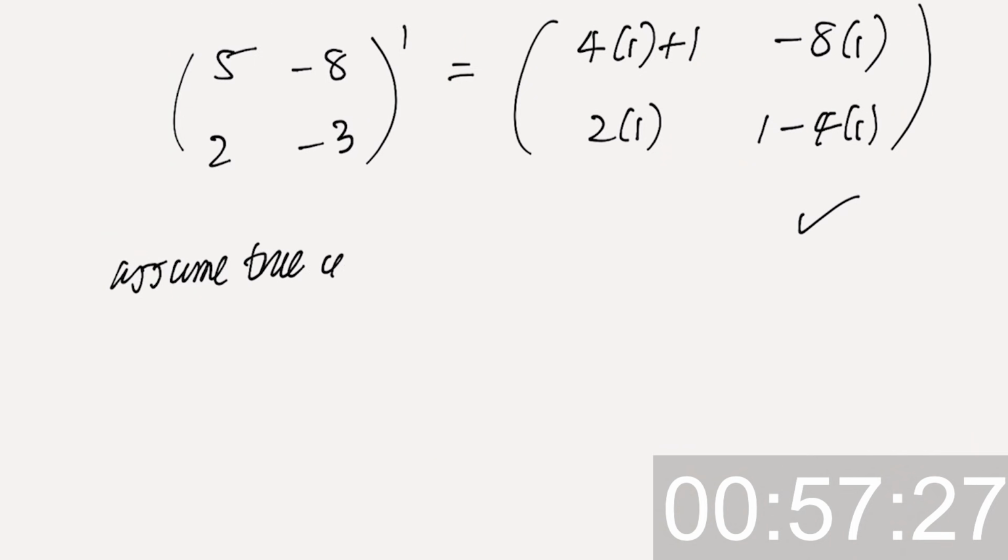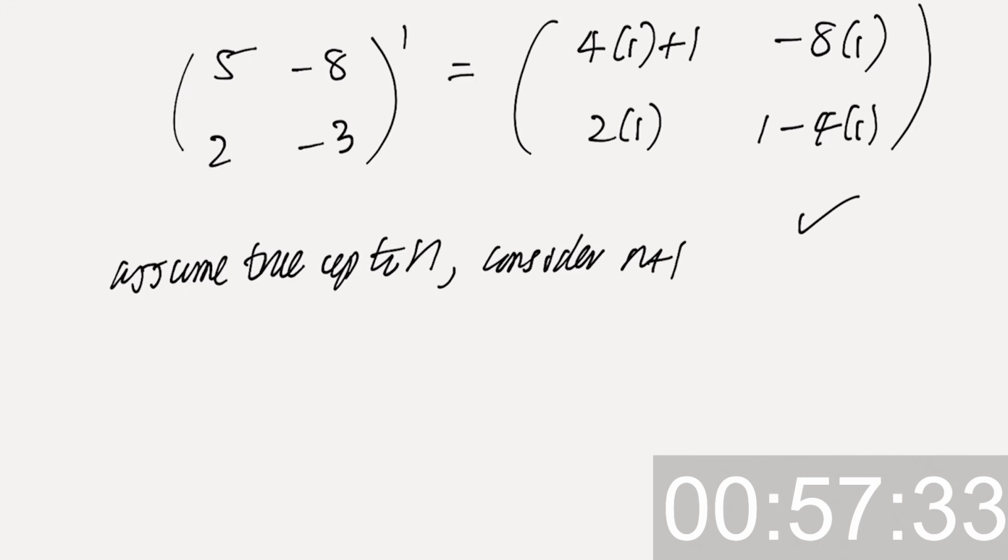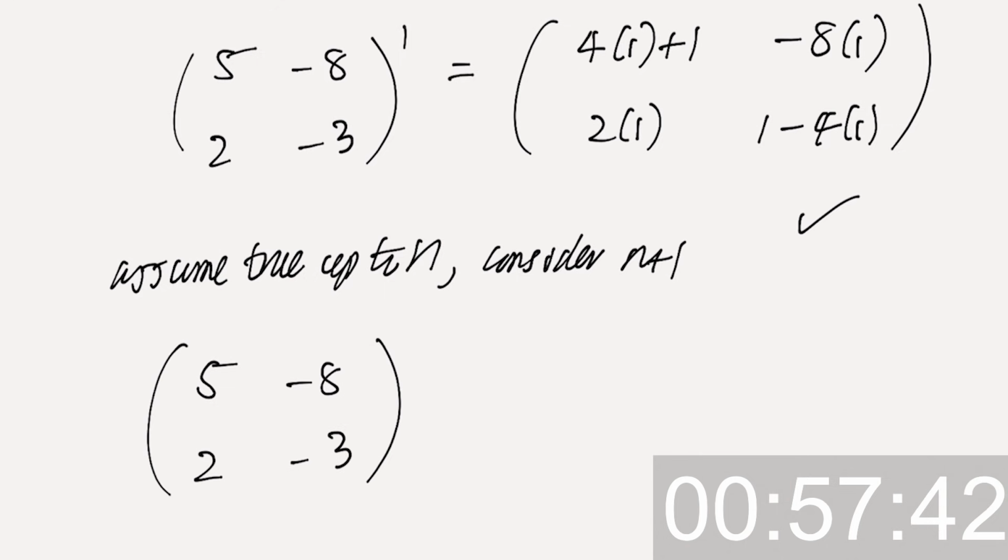Now we're going to assume the inductive hypothesis, assume true up to n, and then we consider n plus 1. So I already know how these questions work, so what we're going to have to do is consider the matrix 5 minus 8, 2 minus 3 to the power of n plus 1, which is that to the power n, use our formula for that, multiplied by itself again.